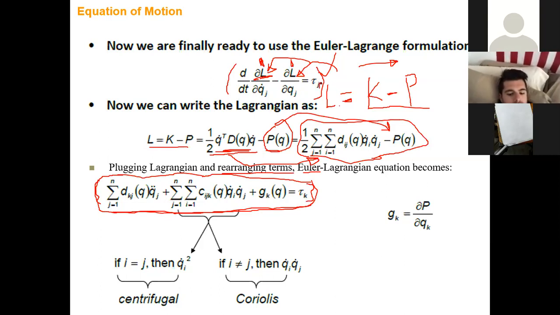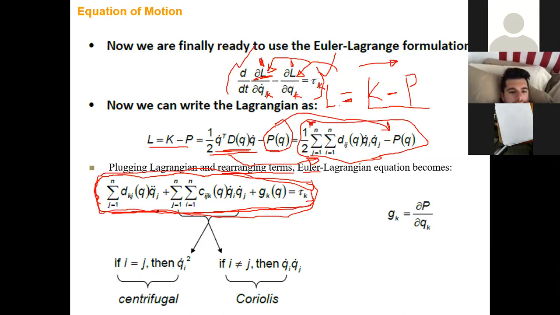You can change it to anything. That's not a big deal. All right, so finally, after plugging this in here, you get this very nice equation here.